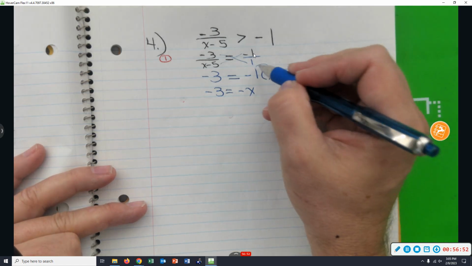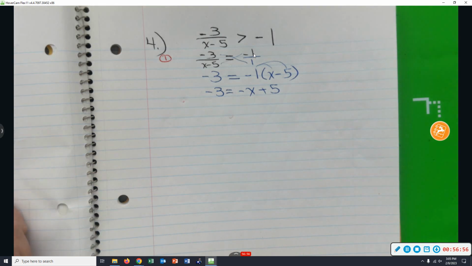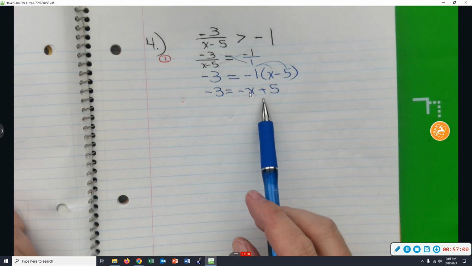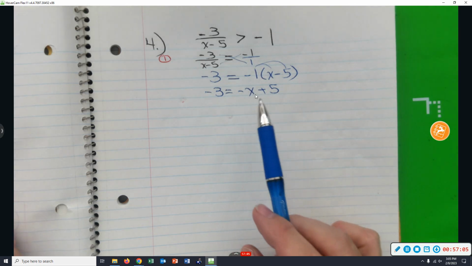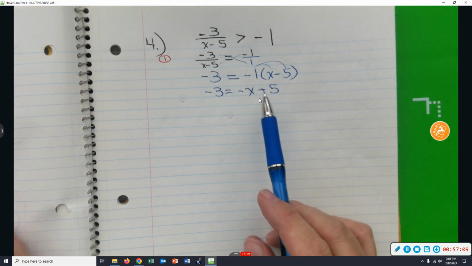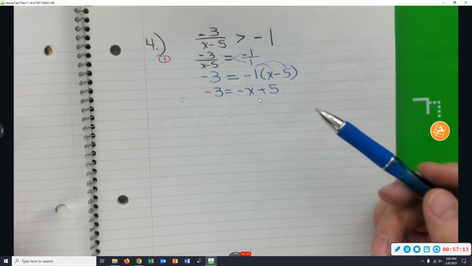Okay, I agree. You're distributing that -1. Notice the resulting equation is not even quadratic. It's linear. You're not going to have to factor, run into the possibility of picking up repeated factors. So I'm feeling good. This is going to be one of those where we only have to test one interval.